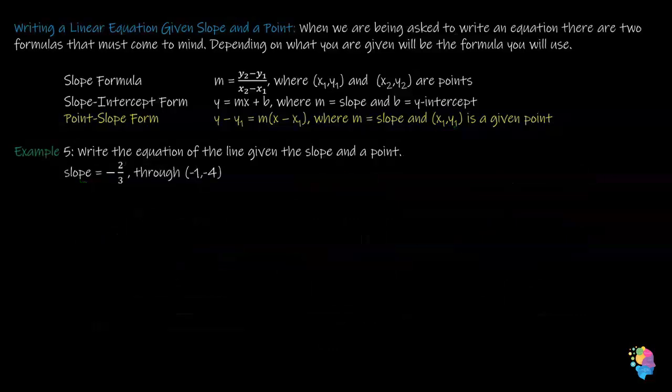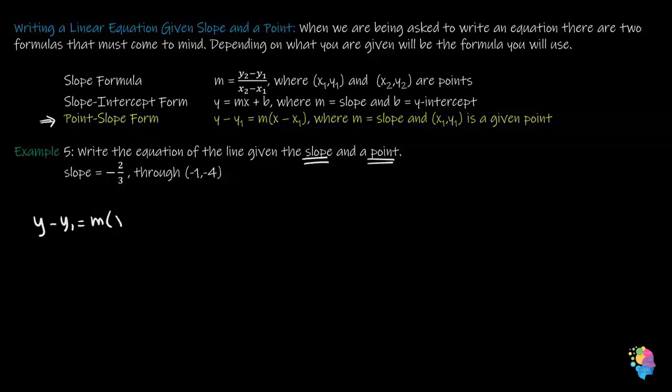In this example 5, we are still being given the slope and a point, so we will use the point-slope form. So this is y minus y1 is equal to m parentheses x minus x1.